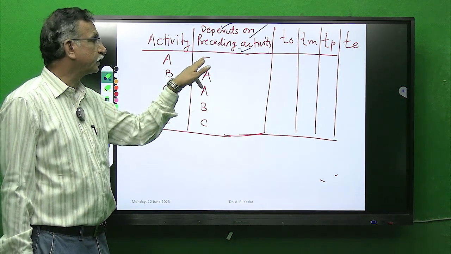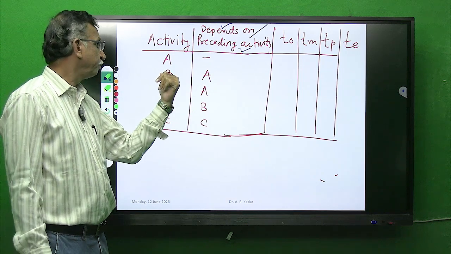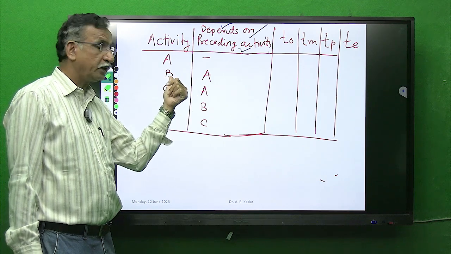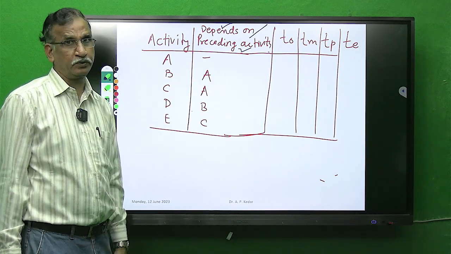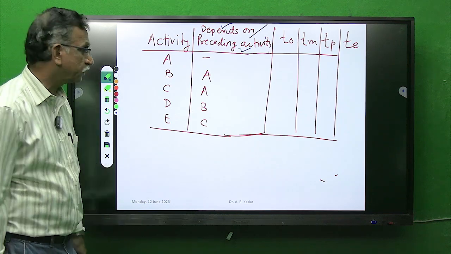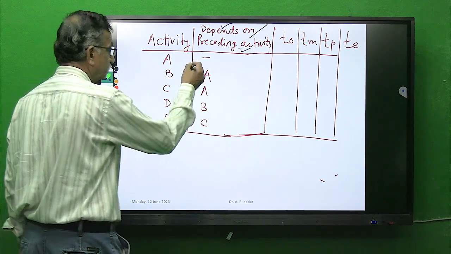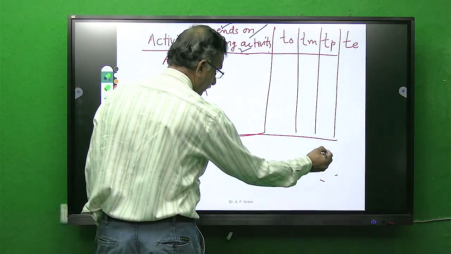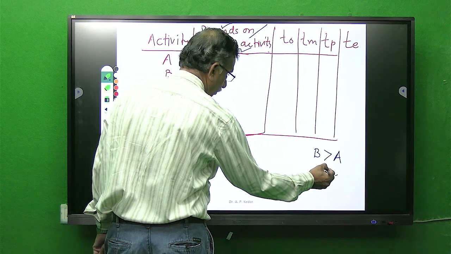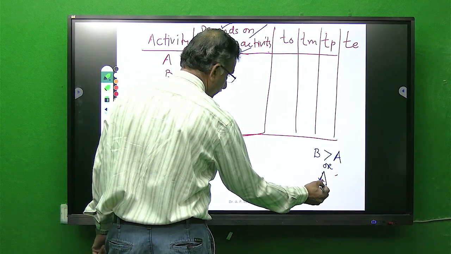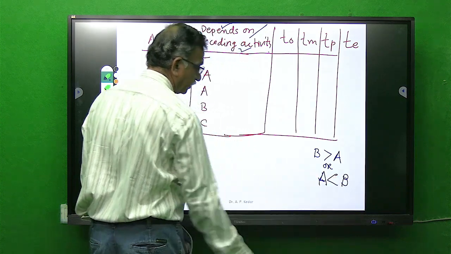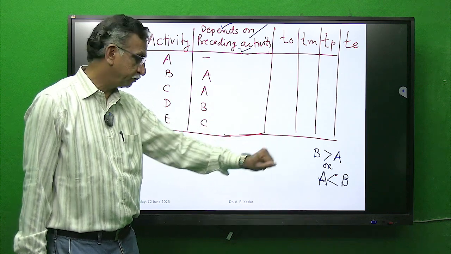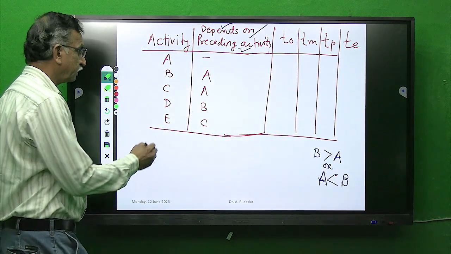Similarly, A preceding activity, dash, no preceding activity. B under the column of preceding activity, A, means for B earlier A should be finished. This is one aspect. Also, we have seen this relationship in the form of B greater than A, or same thing can be written as A less than B. Do you recall this logic? Yes? Clear.